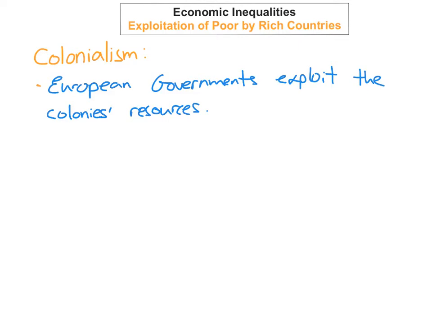One of the main reasons is colonialism, because in the past these countries conquered other countries, such as countries in Africa and South America and parts of Asia, and still to this day they are being exploited by the rich countries for all their resources.